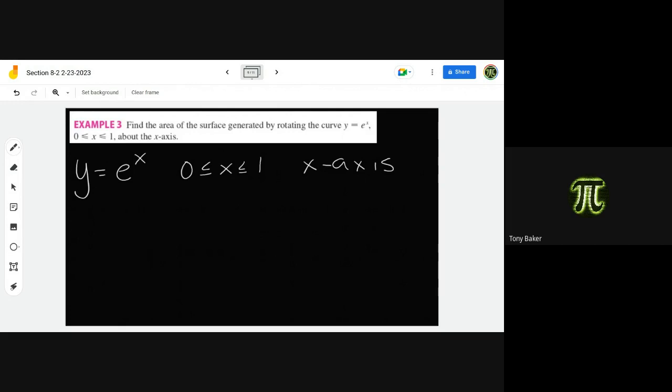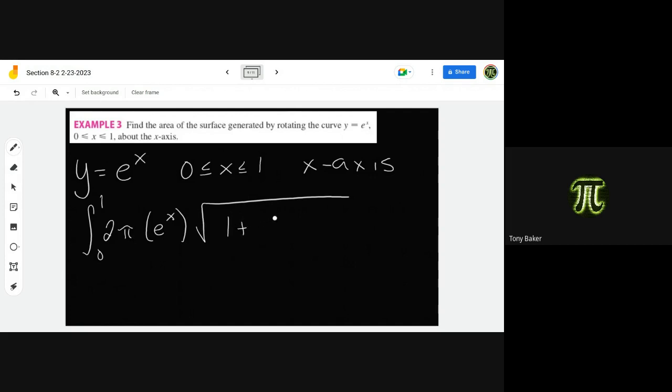All right, so what's my integral going from? 0 to 1. So 2 pi. What's my radius? Yes, my radius is e to the x here. And then, what's the derivative of e to the x? E to the x.